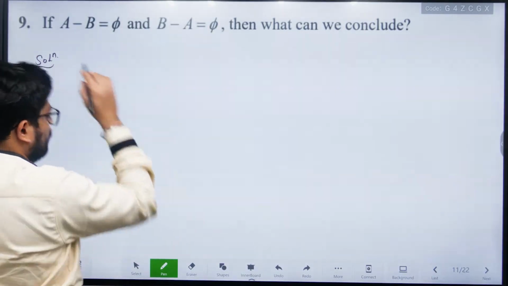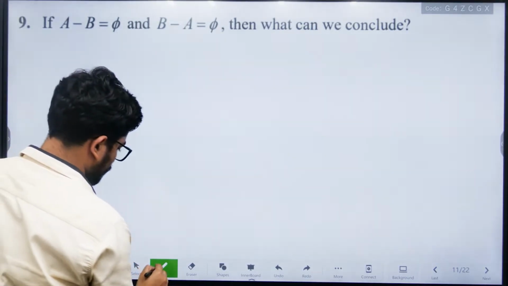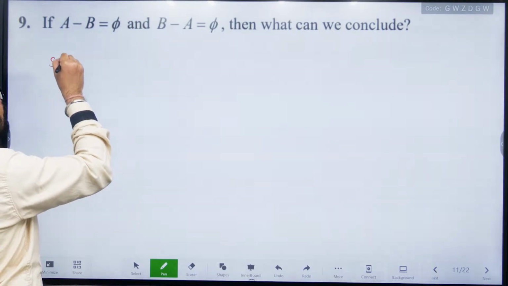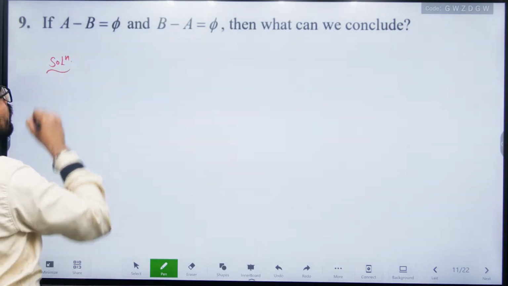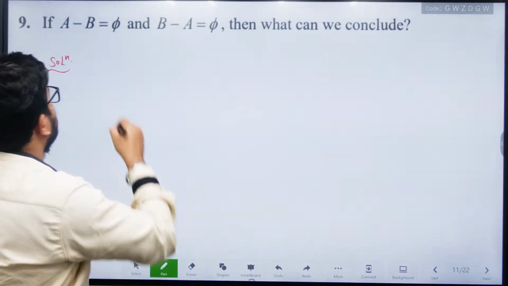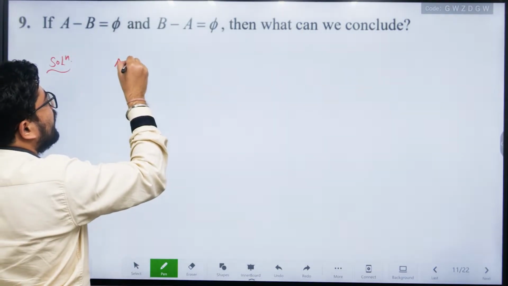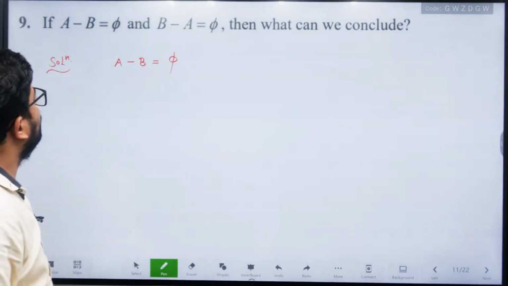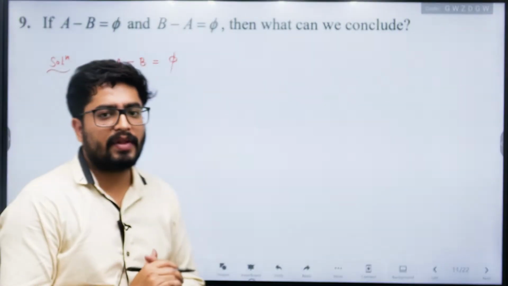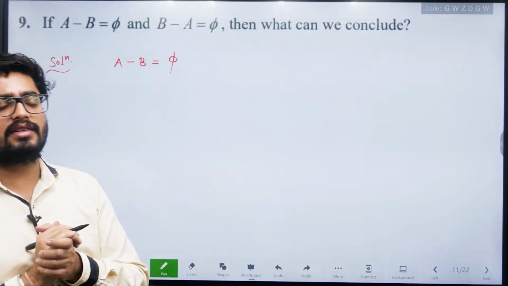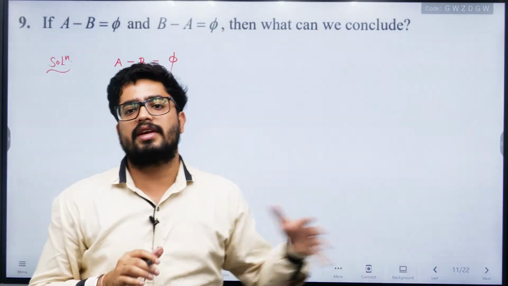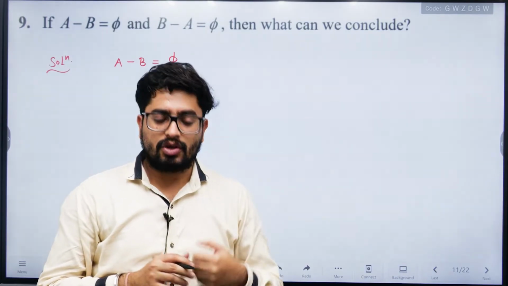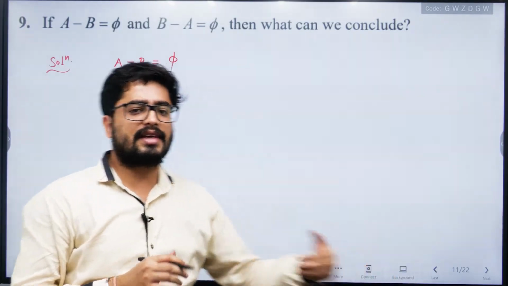Here your solution is A minus B is equal to empty set. A minus B empty means every element of A is in B. That's why when you take A minus B, you will get empty set. So every element of A is in B.